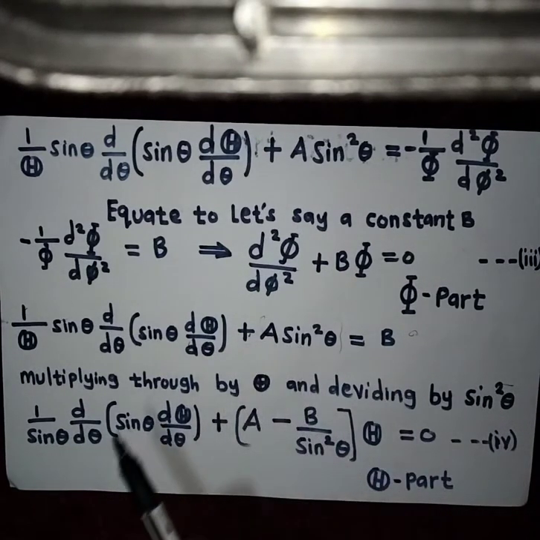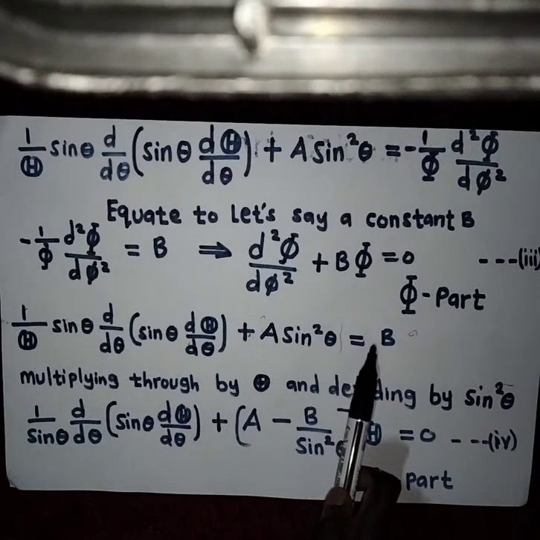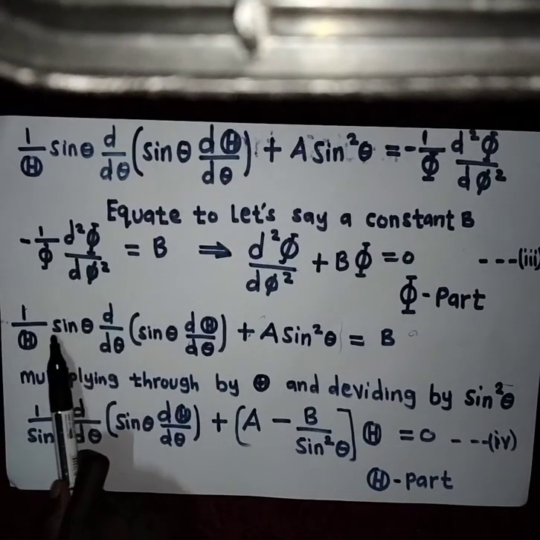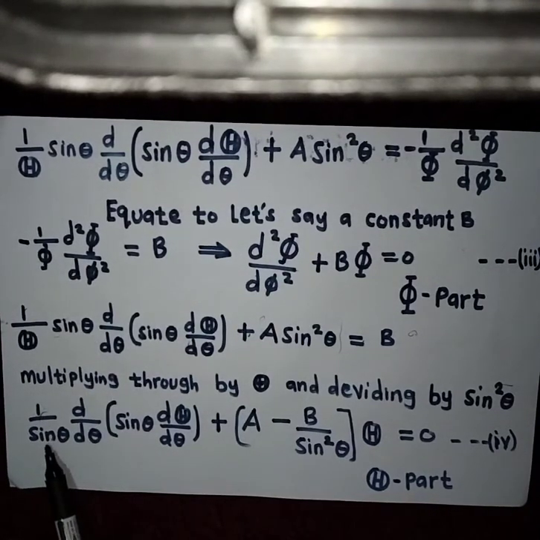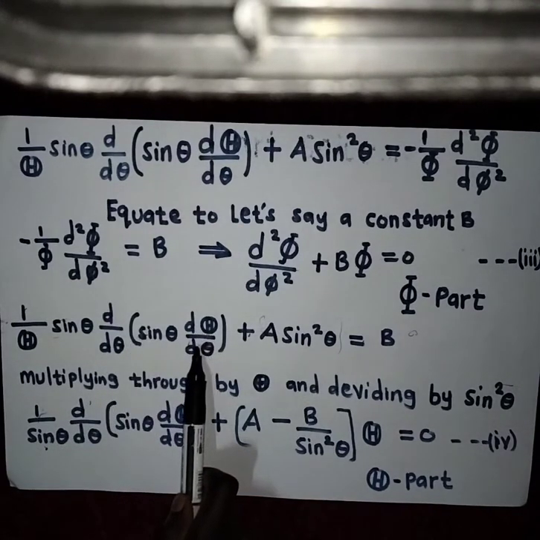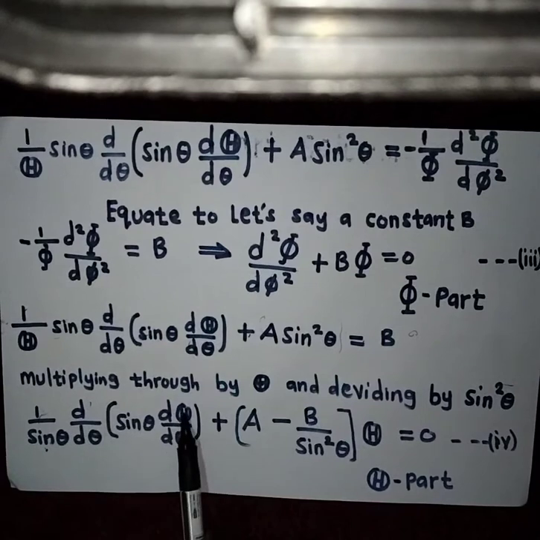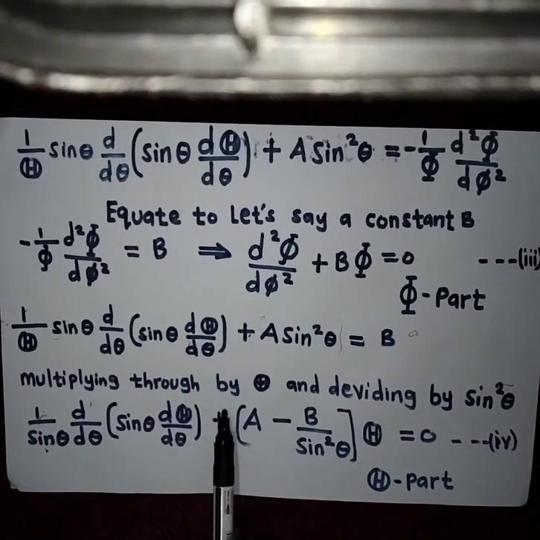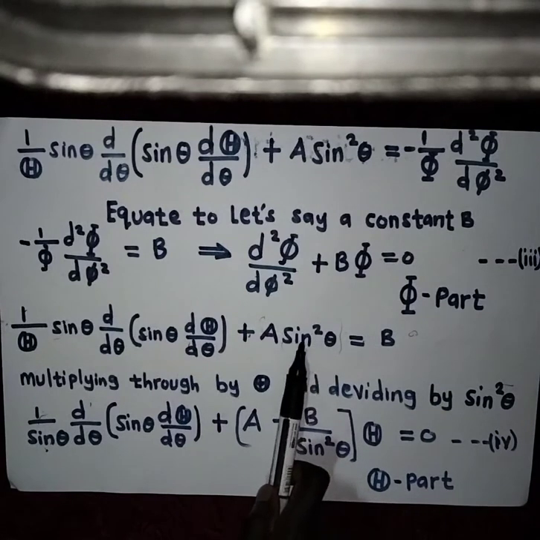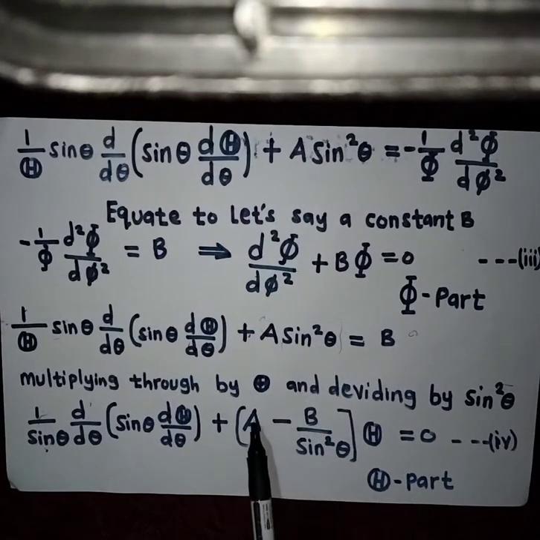If I divide by sine squared theta, lastly I'll be having, then I rearrange, 1 over sine theta, because here I have sine theta, divide by sine squared theta, I remain with 1 over sine theta d/dθ of (sine theta dΘ/dθ), which I have here, plus, remember I have sine squared theta here, if I divide by sine squared theta, I'm going to remain with a.